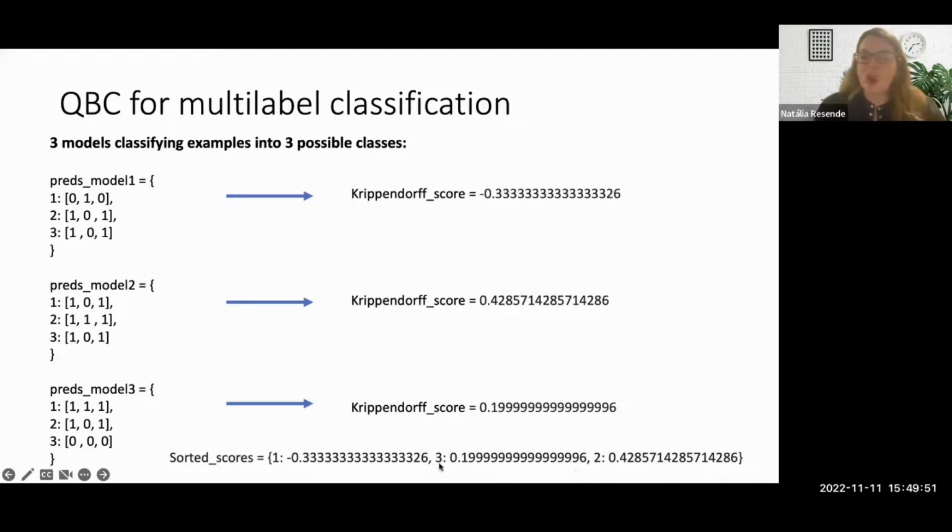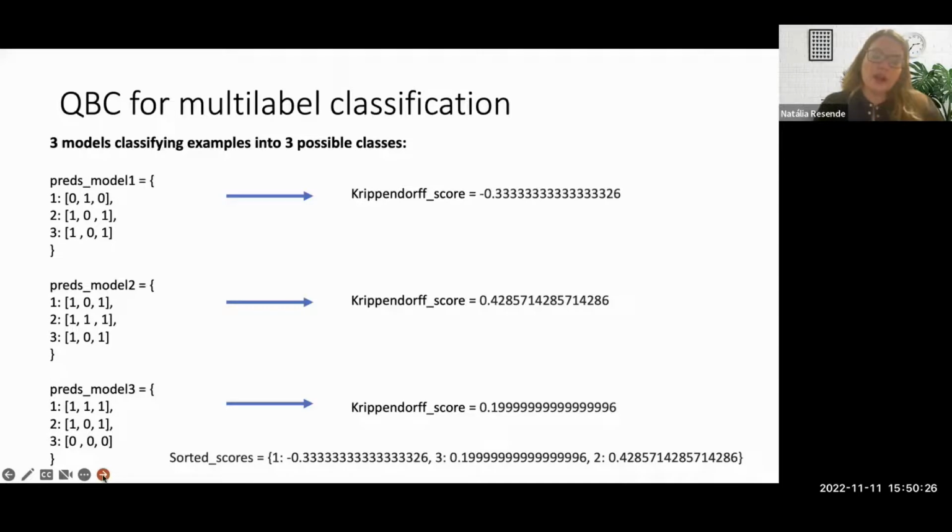So then when we sort, we can see that example number 1 is the one with the lowest agreement score between the 3 models. Example number 3 is the second lowest, and example number 2 is the highest agreement score between the models. Does that make sense?